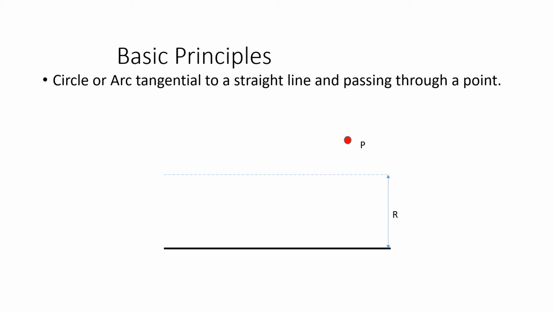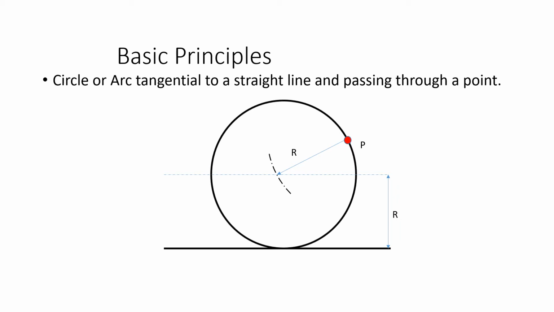If it has to pass through the point, we will draw an arc, the same radius, to touch our line. So from the point, radius r, to cut our line. Where you have those two lines intersecting is the center of a circle that will pass through the point and touch the line. That circle being of radius r.